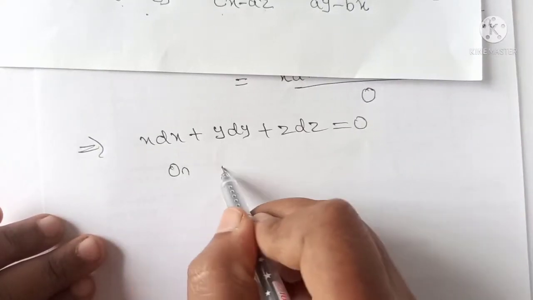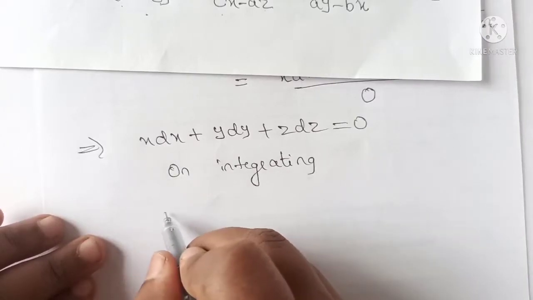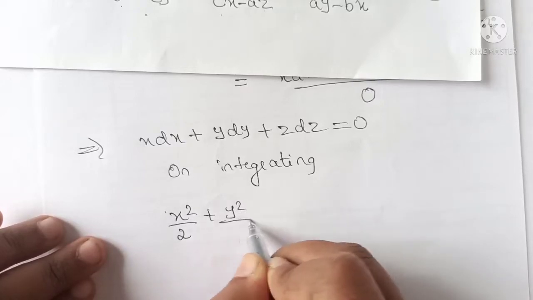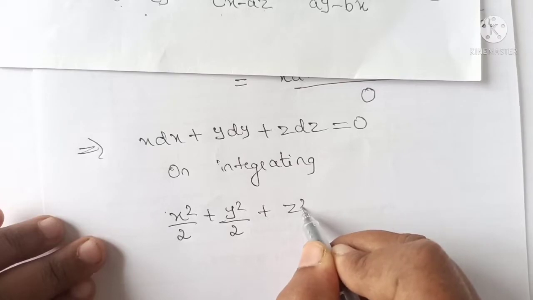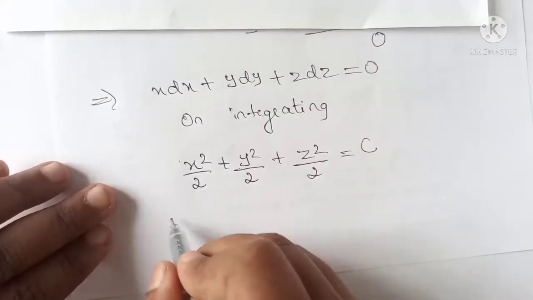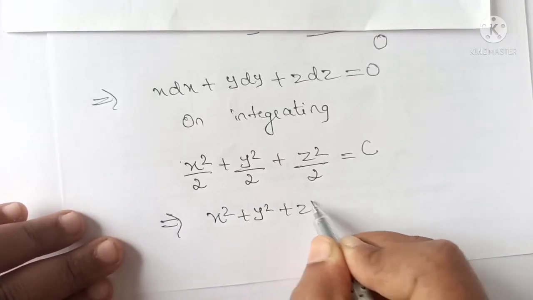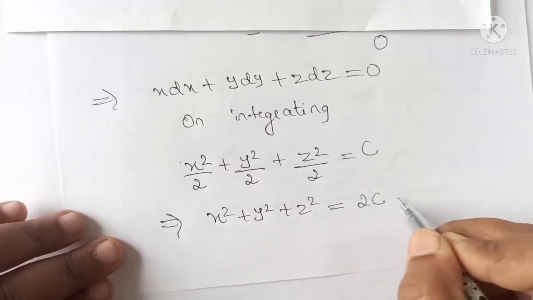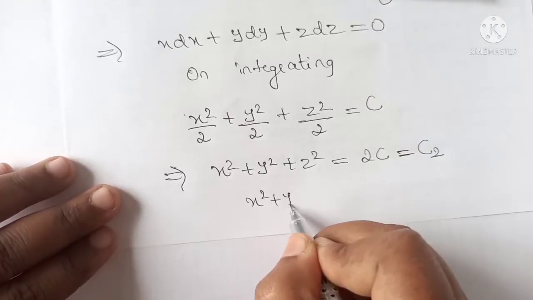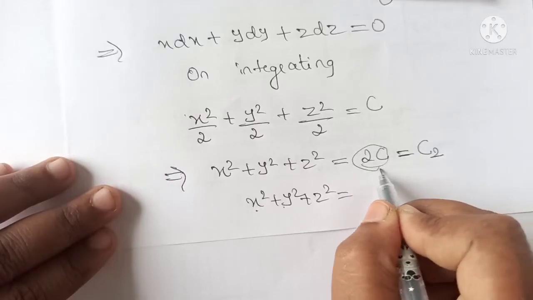Now on integrating we get x square divided by 2 plus y square divided by 2 plus z square divided by 2 equals c, the constant of integration. It can be written as x square plus y square plus z square equals 2c, which is replaced by c2. So the second independent solution is x square plus y square plus z square equals c2, since 2c is just a constant.